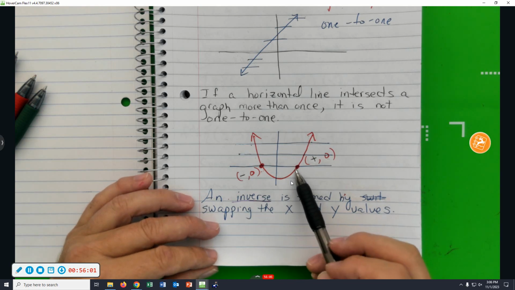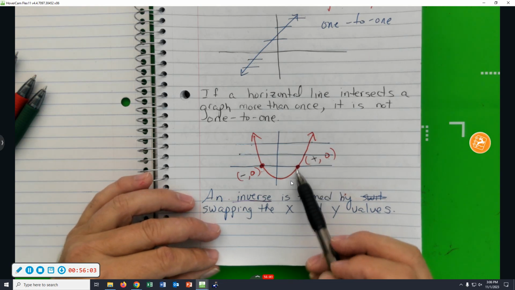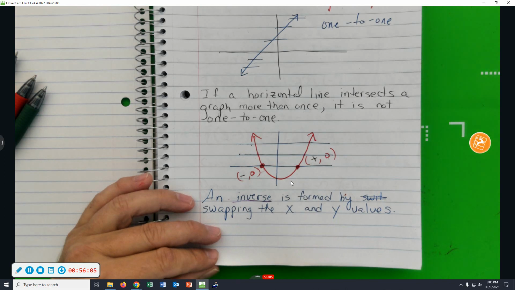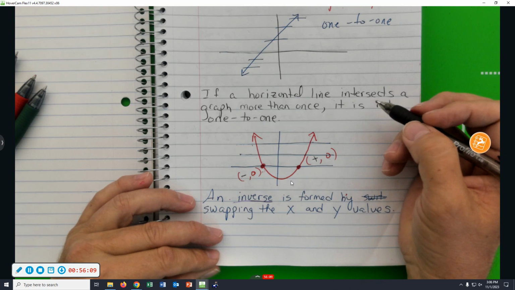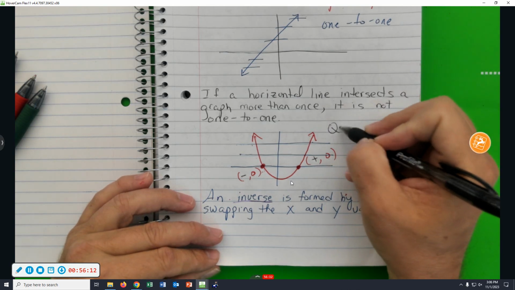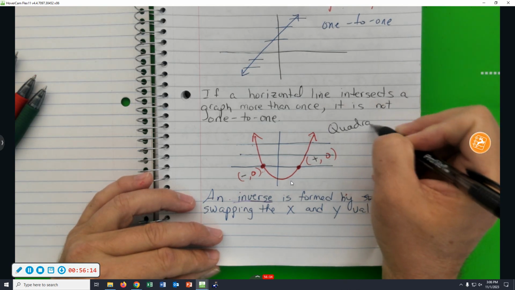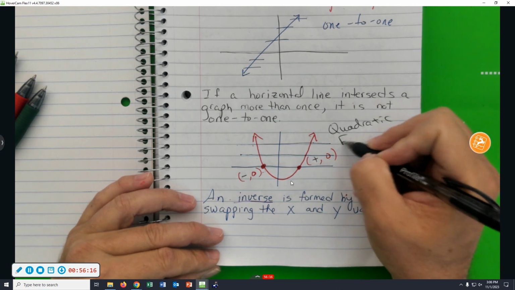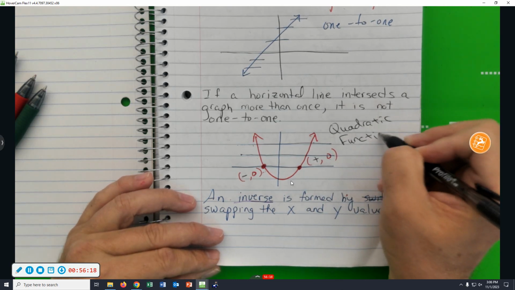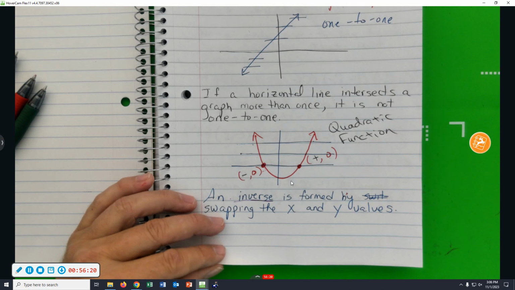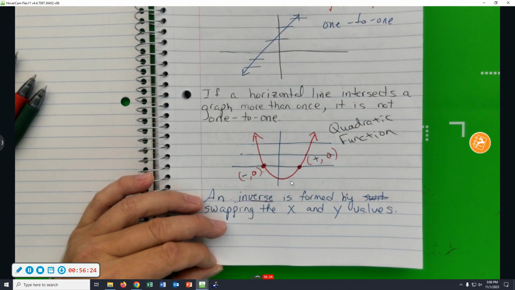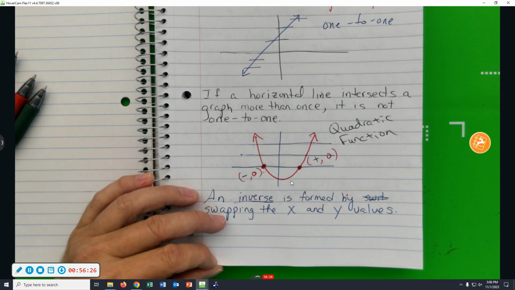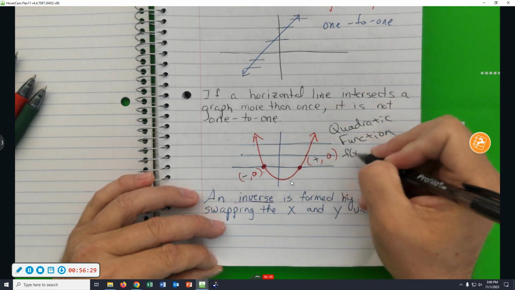What are the equations? This is a parabola. What term has to appear in the equation of a parabola? What's the biggest exponent? We said this was a quadratic function. When we first started graphing these, what has to appear in the equation for it to be quadratic? Ax what? Ax squared?